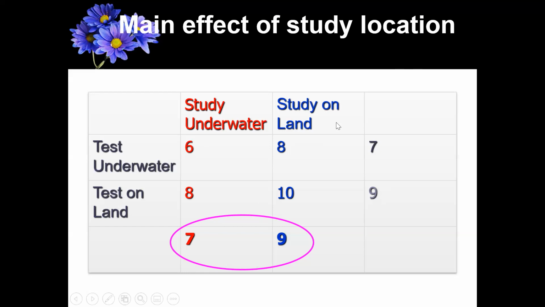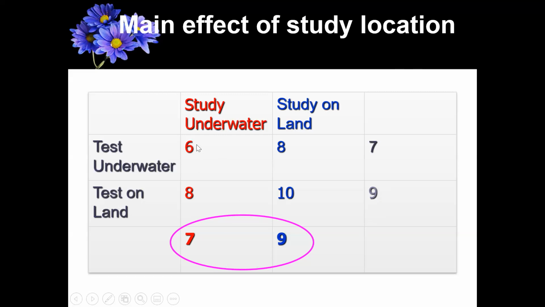When you look at a factorial design and analyze it, what you're really doing is taking different means of different combinations of conditions. So that's all I've done here. This 7 is, of course, the average of these two numbers. This 9 is the average of these two numbers.